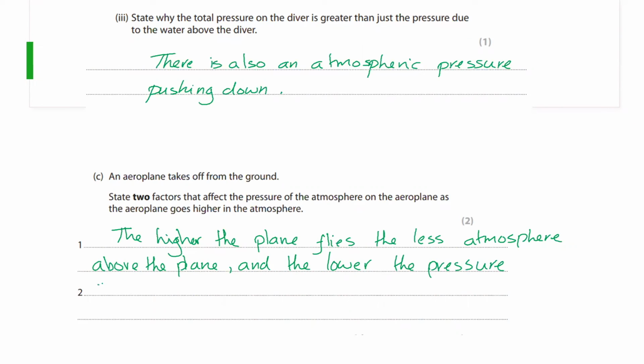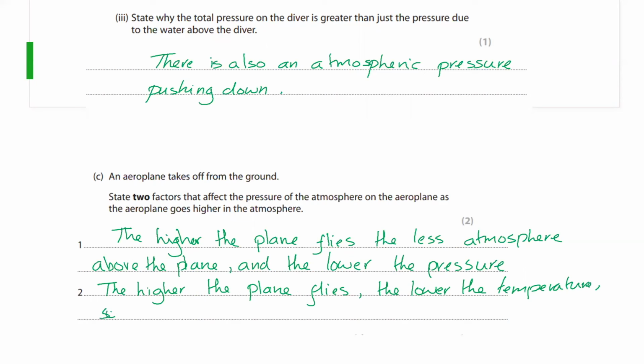Next one, the higher the plane flies, the lower the temperature, so the lower the pressure again.